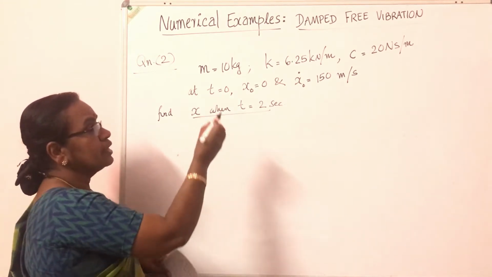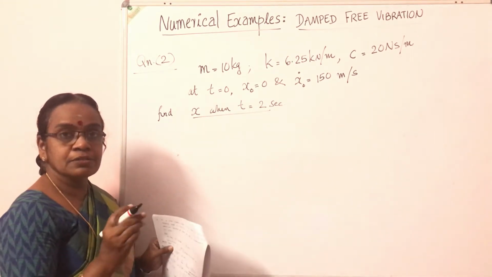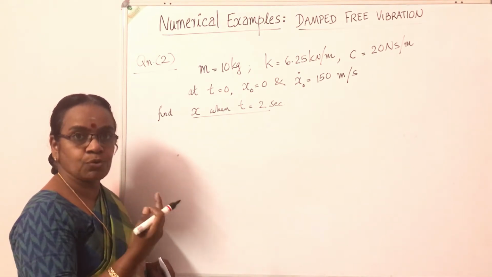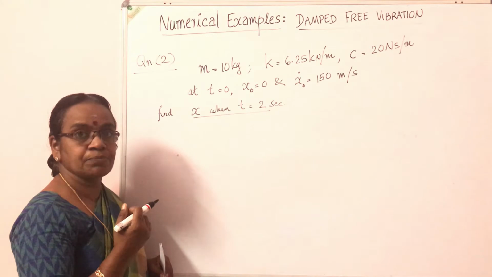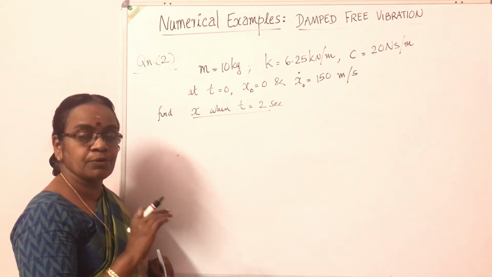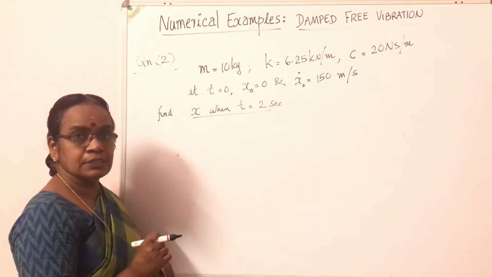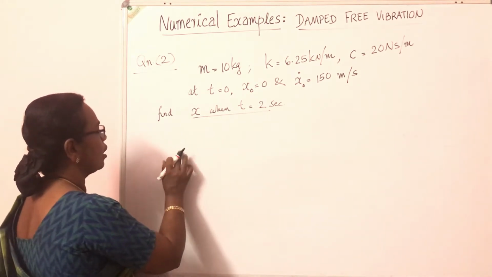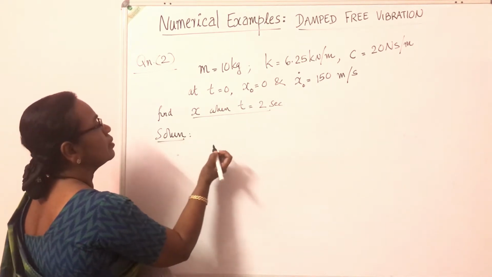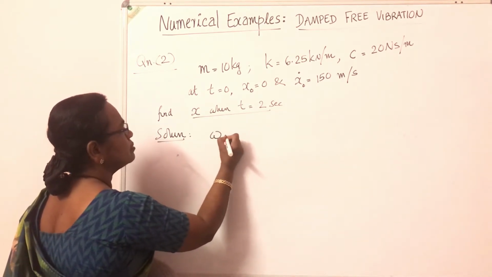So based on the given data, we have to identify which category the system falls under, whether it is an underdamped system or overdamped system or critically damped system. Only then can we write down the equation of motion. The equation of motion is different for the three different cases. So let us first of all find out the solution. Find out the natural frequency of the system.